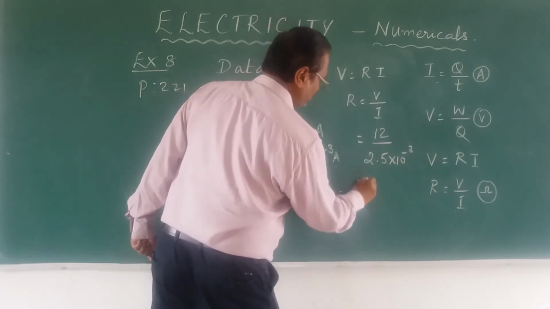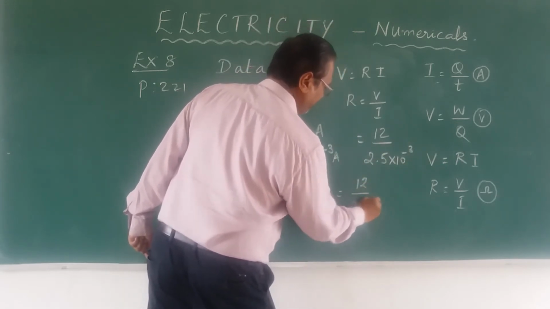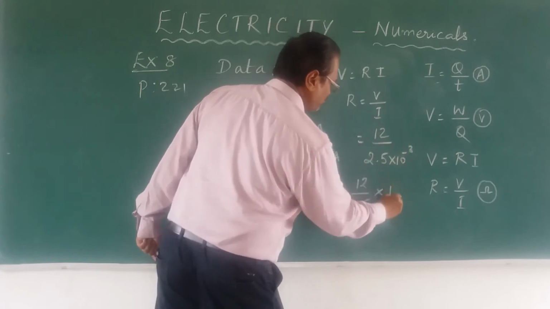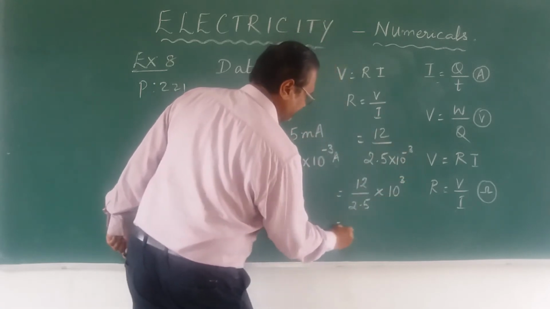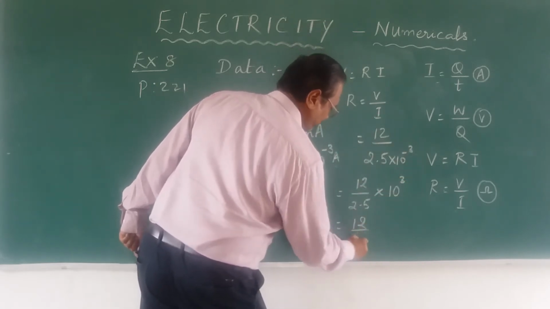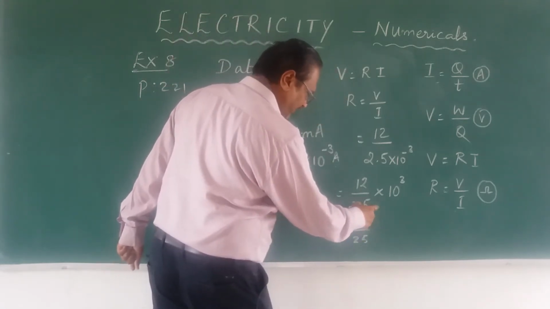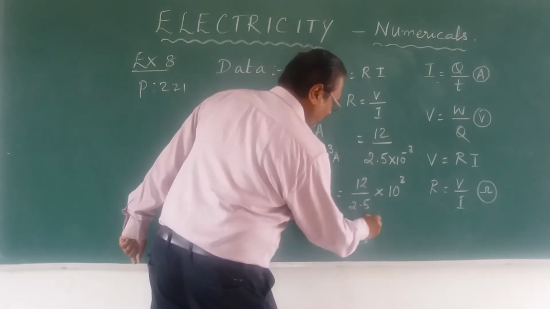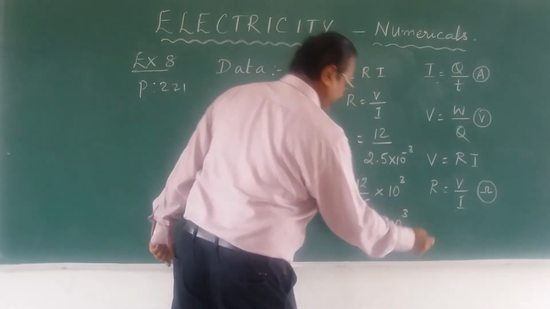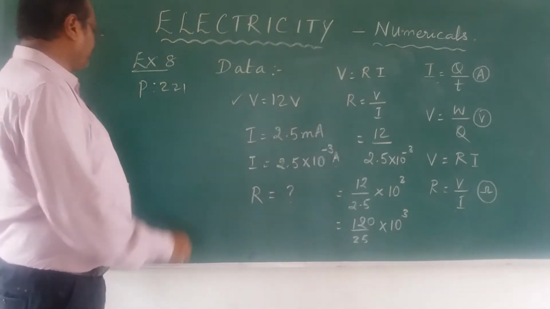That is equal to 12 divided by 2.5 multiplied by 10 power minus 3, which goes up as 10 power 3. That is equal to 12 divided by 25. If I make it so, the point will go, and I will divide by 10, and it goes up as 120 into 10 power 3. Now it's very simple.